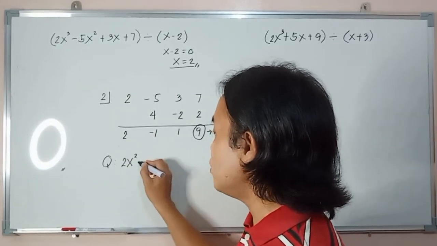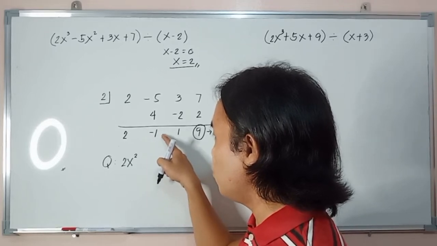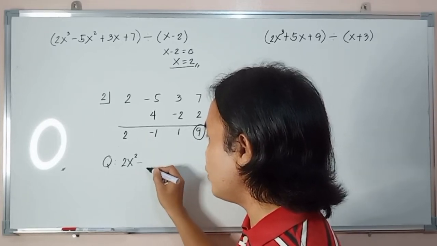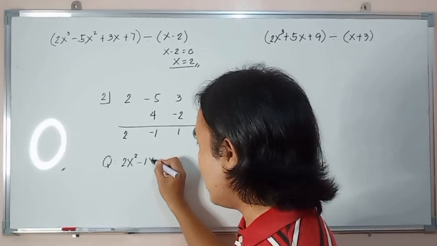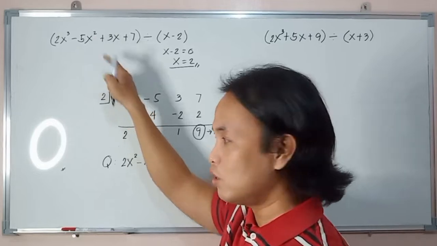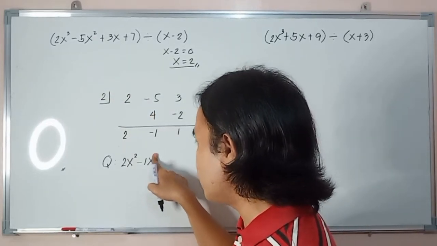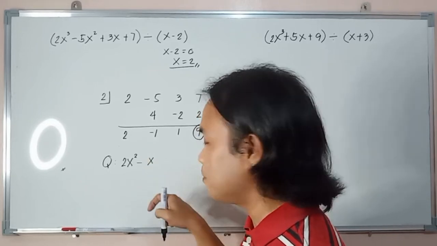We copy minus, this is negative 1. So that means we can write negative 1 x because that is 2 minus 1. 2 minus 1 is 1, so it has an assumed coefficient 1 and an assumed exponent 1, so there is no need for us to write 1 and a 1 here.